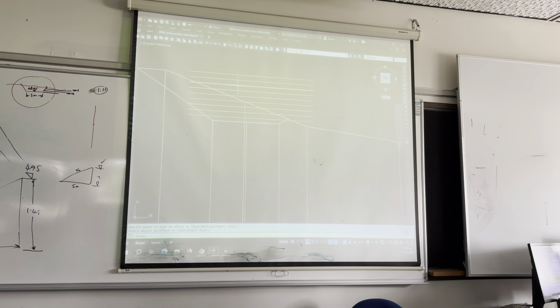Extend them over to the batter slope. Top one doesn't matter, it's gone. And we don't need anything, you can trim that off.